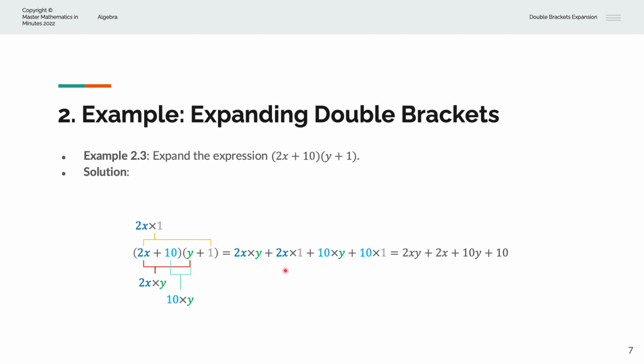The third step is where we multiply 10 by y, and that gives us the third term. And finally, we have 10 multiplied by 1 as the fourth and final term. Simplifying that, we have 2x multiplied by y as 2xy, 2x multiplied by 1 as 2x, 10 multiplied by y as 10y, and 10 multiplied by 1 as 10.